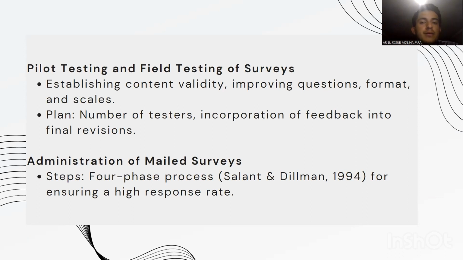For this, we have to have a specific number of testers and incorporate part of the feedback to improve our survey. And finally, if we want to do an online survey using, for example, SurveyMonkey, we have to apply that plan for ensuring a high response rate. Salant and Dillman state a four-phase process.